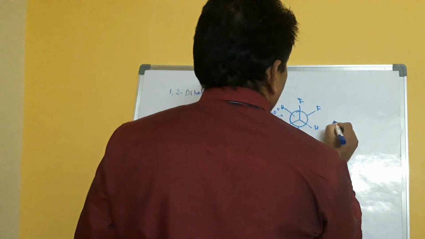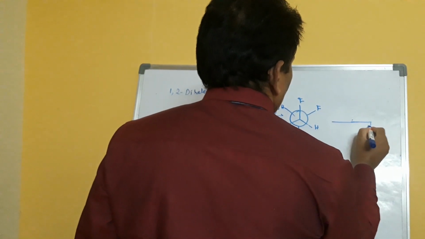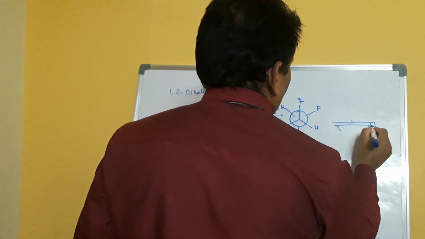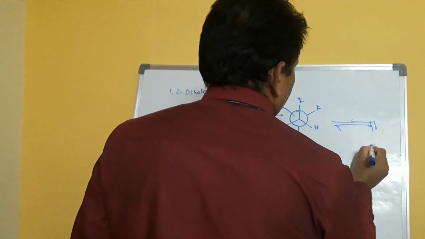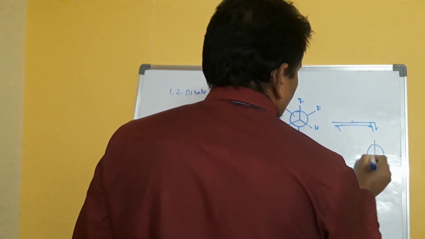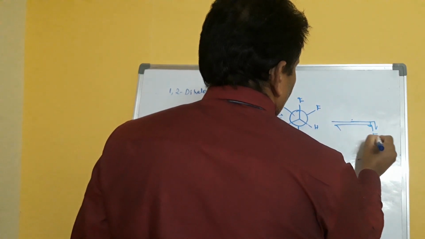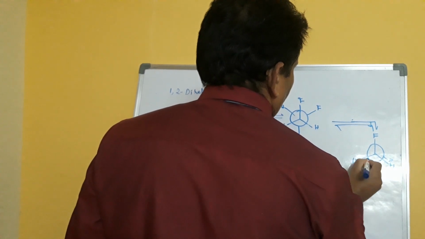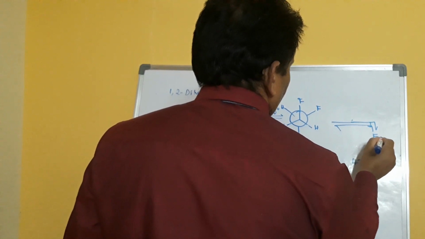Again rotate 60 degrees, you will get fluorine, hydrogen and hydrogen, fluorine, hydrogen and hydrogen.